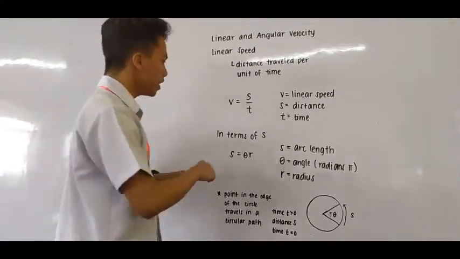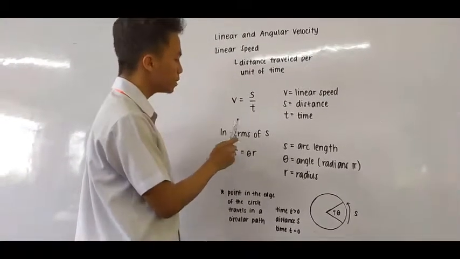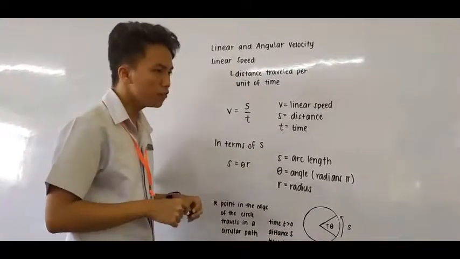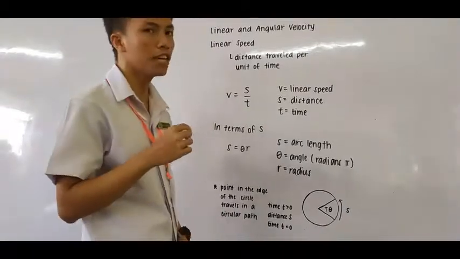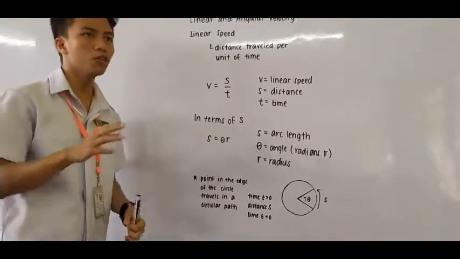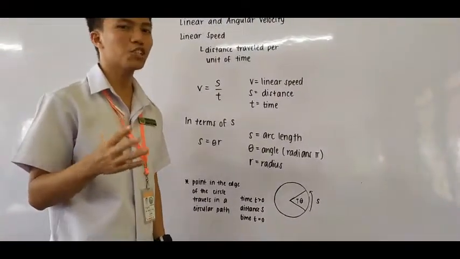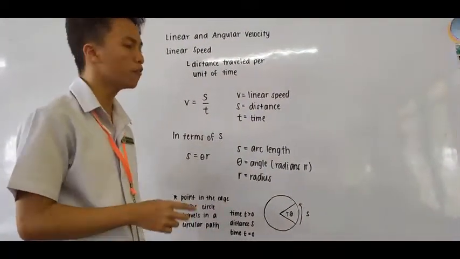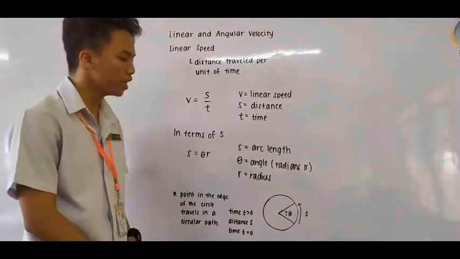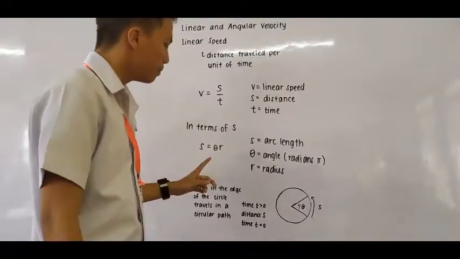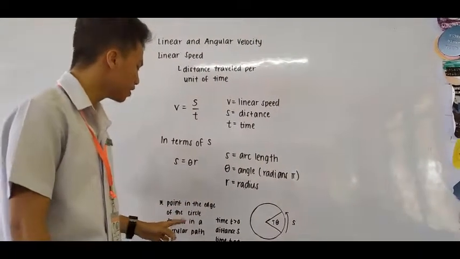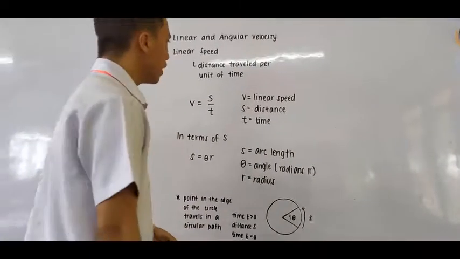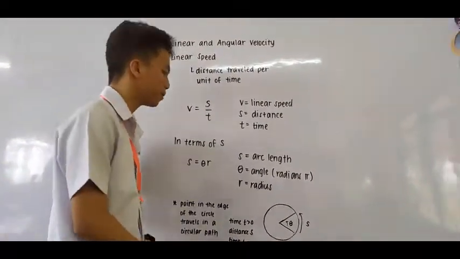So what is the difference between this and this? They have no difference actually, but they have a relationship. Later we will find out the relationship of the arc length formula with the angular velocity. Another key point here is that a point on the edge of the circle travels in a circular path. Mainly this talks about the linear speed.